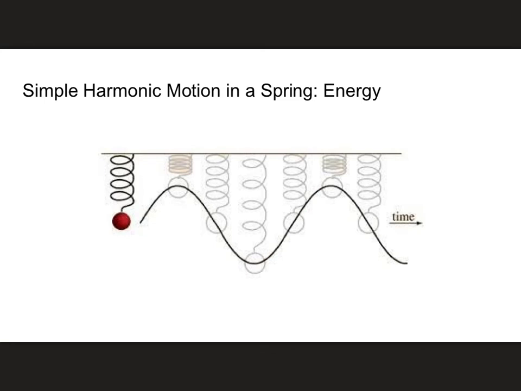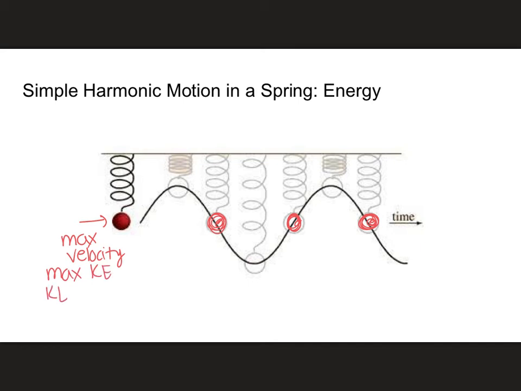In the previous slide, I talked a little bit about how we determine our amplitude, but we can also apply this to energy. If we think about this, when the spring is going through this center part, right here and right here and all the way across, this is where I have my max velocity. Therefore, I have my max KE.